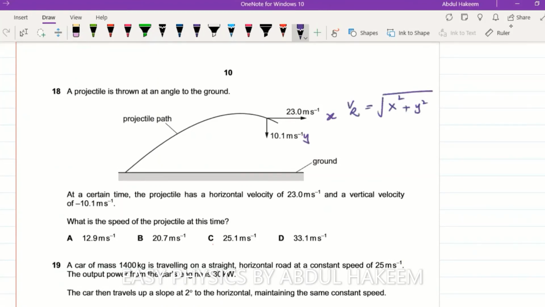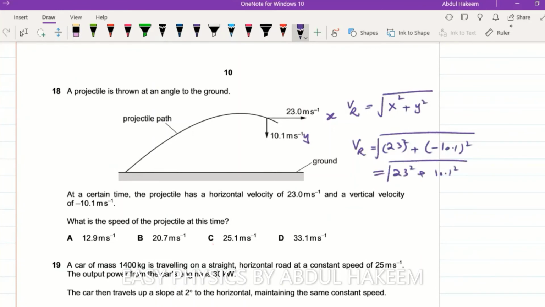So this is the formula. So the resultant velocity is the square root of 23 squared plus (-10.1) squared, because the minus squared becomes positive. After calculation and taking the square root, the answer is 23, and the answer is C.